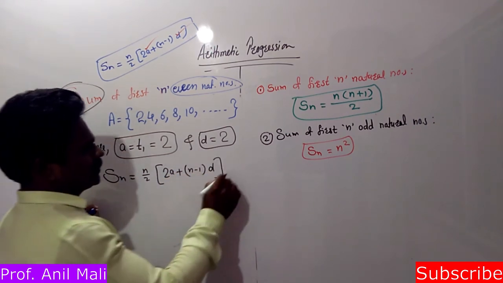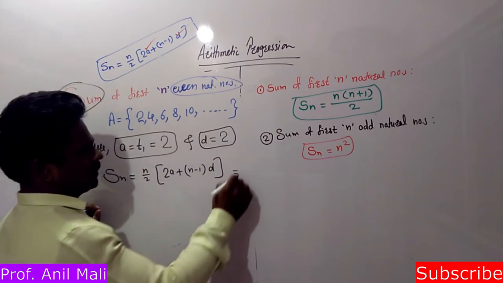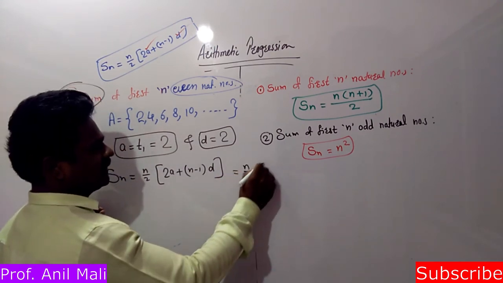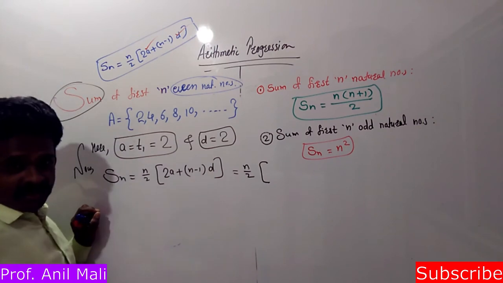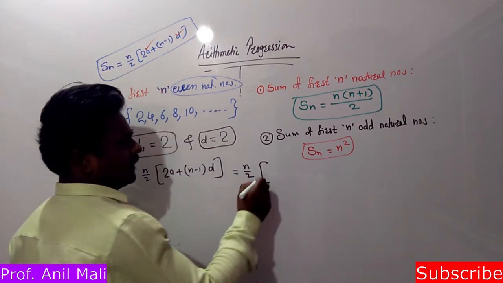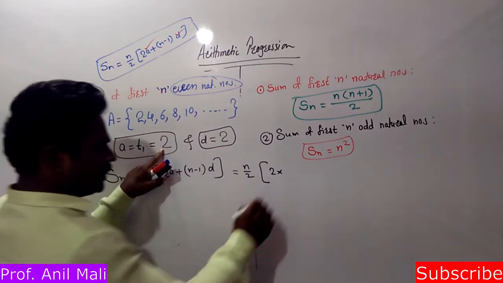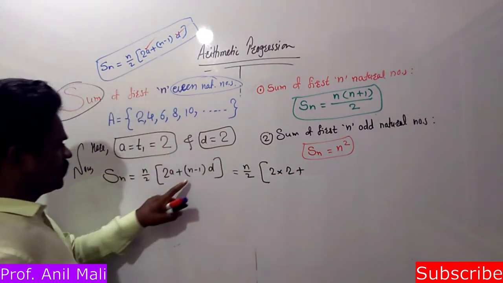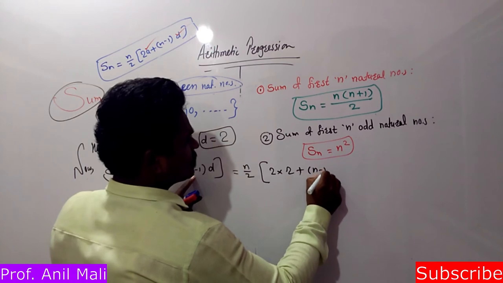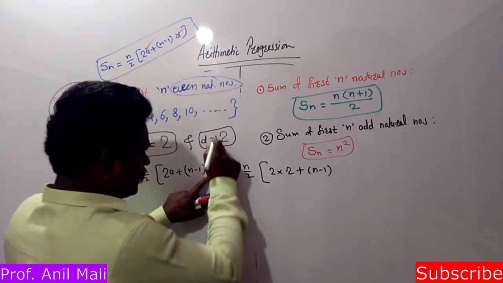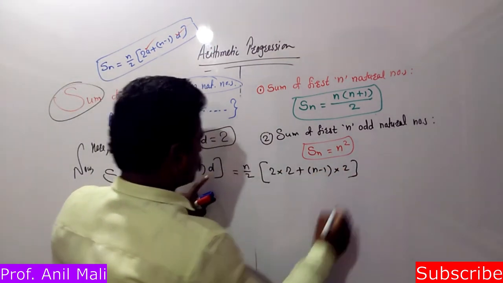Okay, so this is equal to n by 2 will be as it is, because n is the general term. 2a, that means 2 into a. How much is your a? It is 2 only, plus n minus 1 will be as it is, into d. D is 2. Okay, fine.